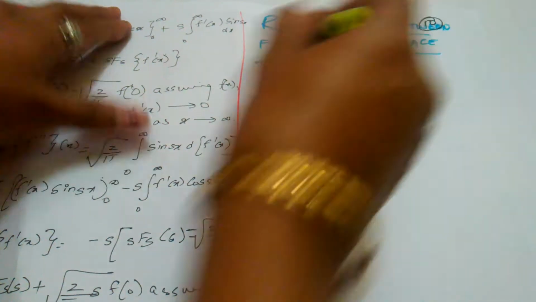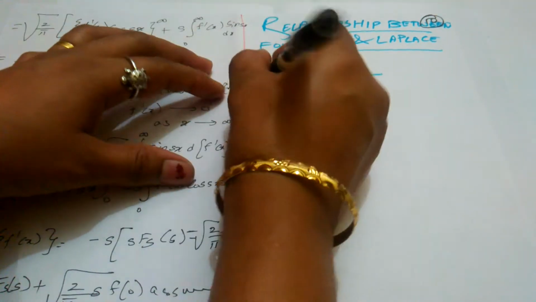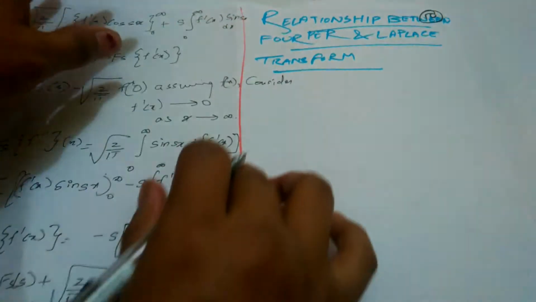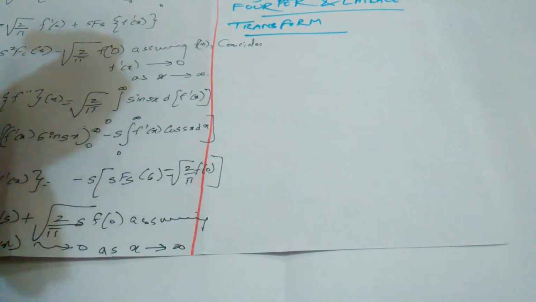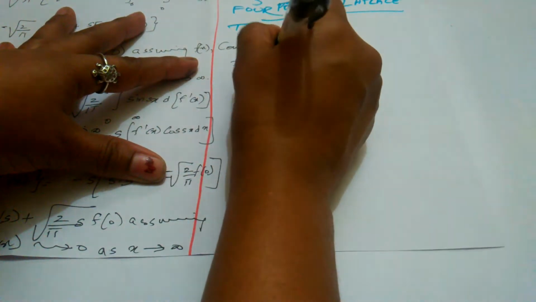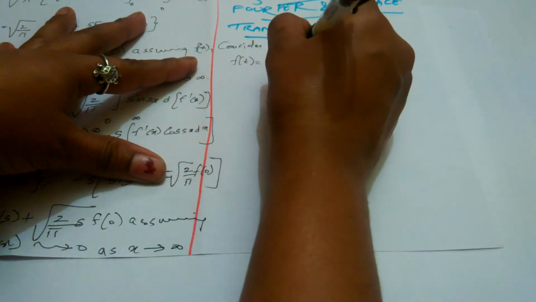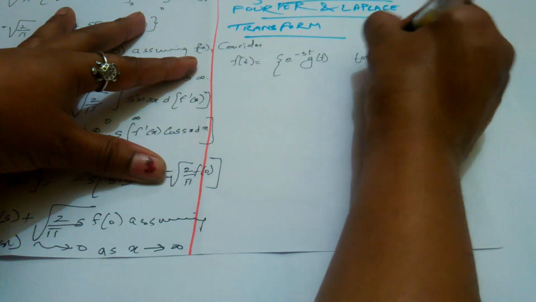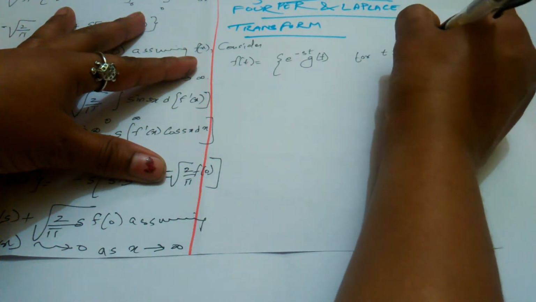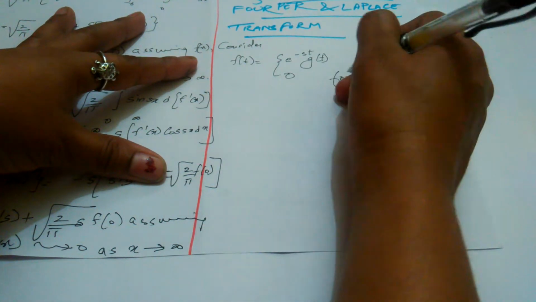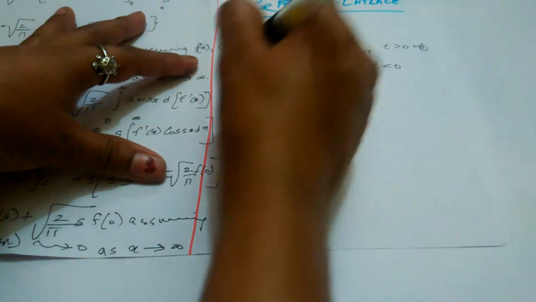So we have to consider f of t equals e raised to minus st g of t for values of t greater than 0, which is my equation number 1, and this is 0 for t less than 0.